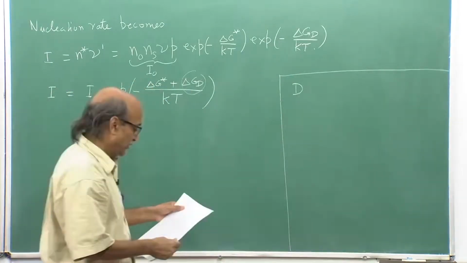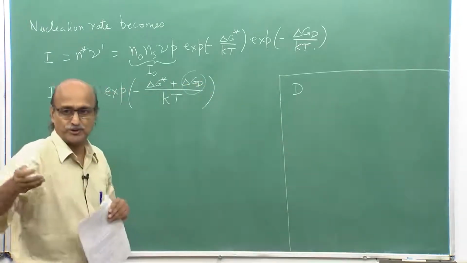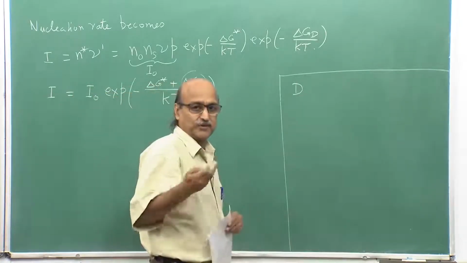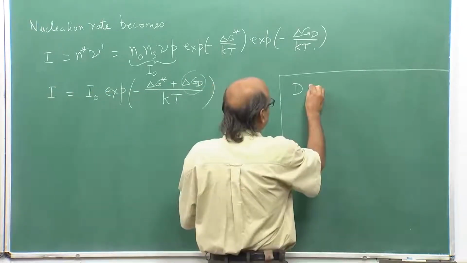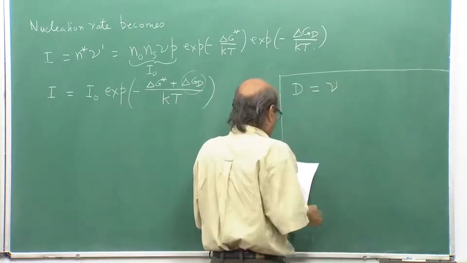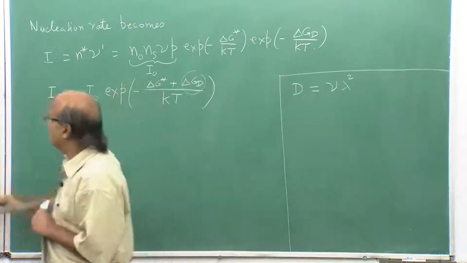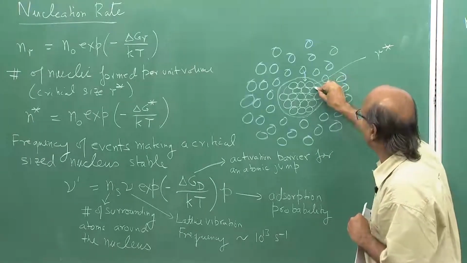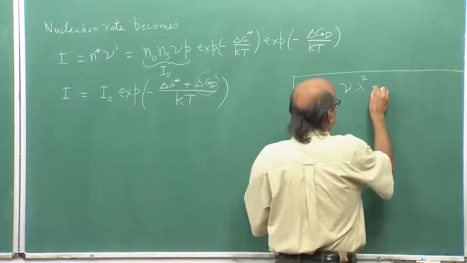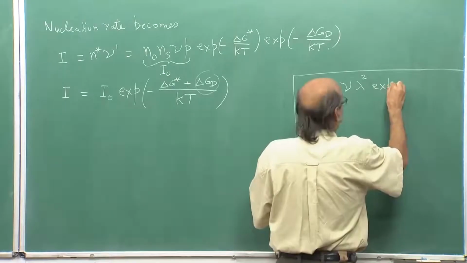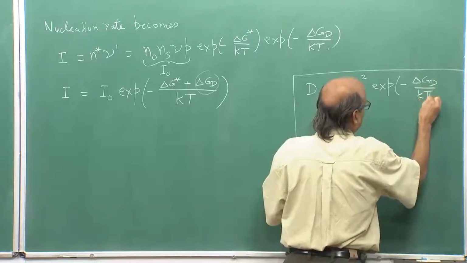Right now, I am going to write down an expression for the diffusion coefficient D. This is diffusion of atoms or molecules in a liquid, but this equation is equally well true for solids as well, which is the lattice vibration multiplied by lambda square, where lambda is the jump distance for an atom or a molecule to go from the liquid to the solid in this case, times exponential minus delta GD divided by kT.